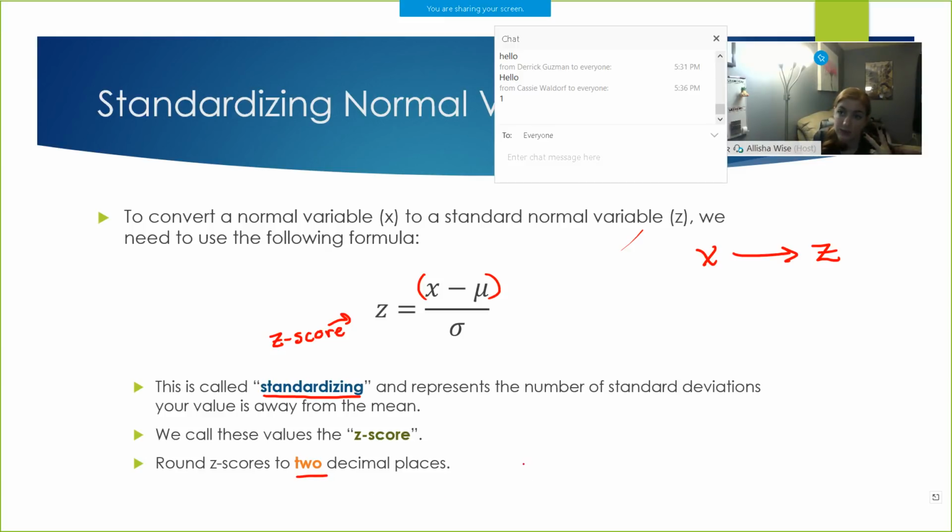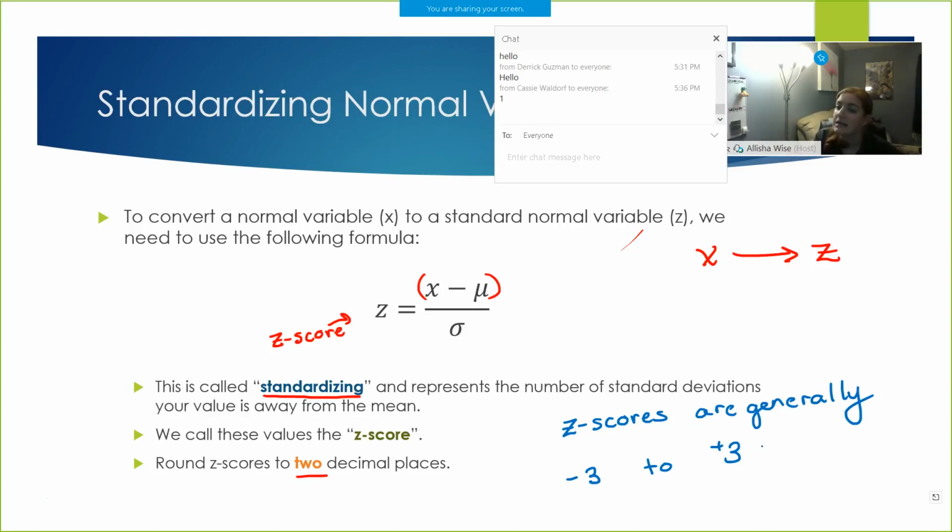Okay, 2 decimal places. And another thing to know about Z scores, I should probably write this down. Z scores are generally a number anywhere between like -3 to +3. Anywhere on that number line between -3 and +3.